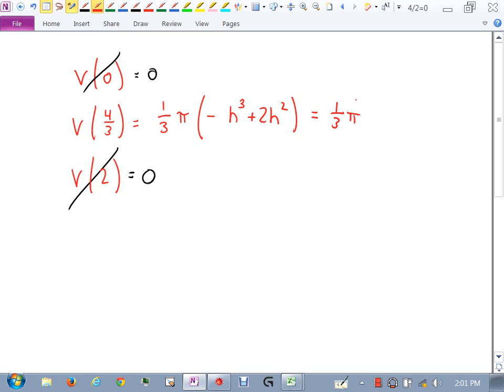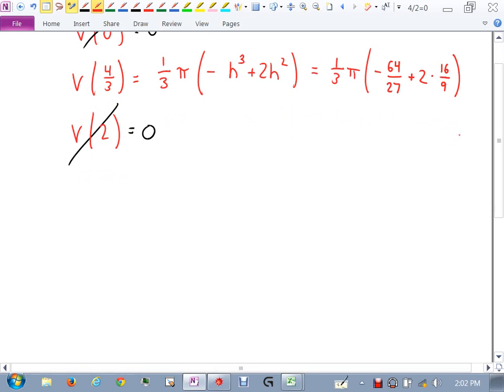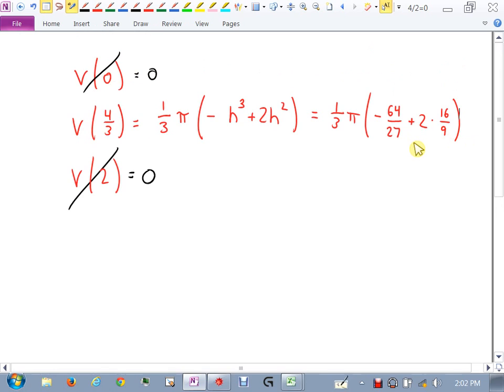1/3 pi, let's see, minus, what's 4/3 cubed? 64/27 plus 2 times what's 4/3 squared? It's 16/9. And then whatever that number comes out to be, that's going to be my maximum volume.